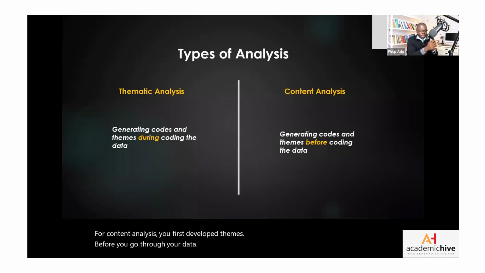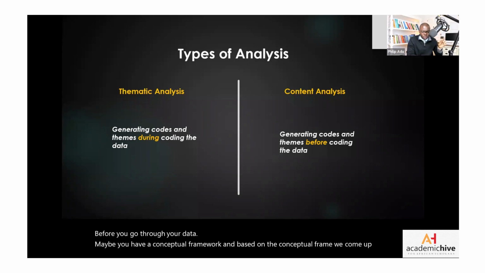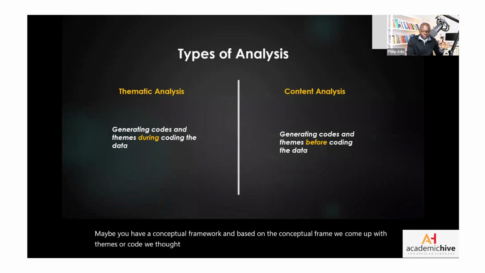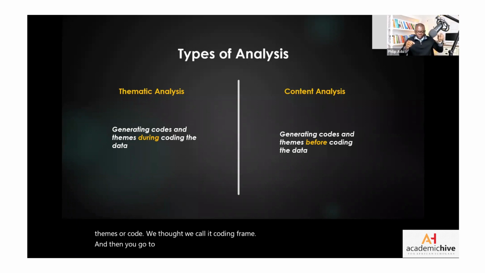Maybe you have a conceptual framework, and based on it, you come up with themes or codes. We call it a coding frame. And then you go through your data and connect the themes and codes to your data. So in thematic analysis, you wait until you get to your data, analyze, and develop themes.